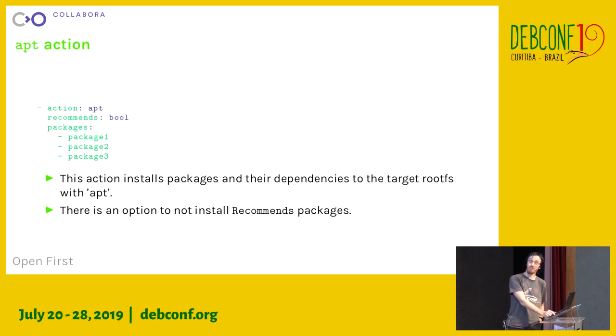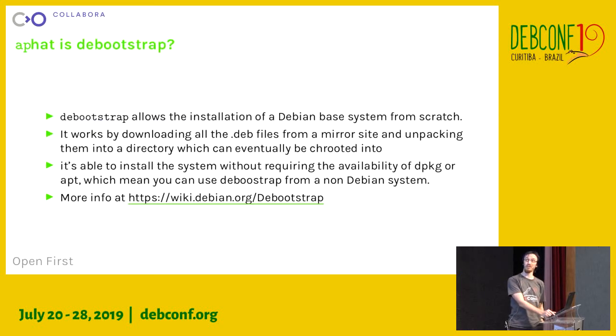Afterwards, when apt is already inside of the image, you can use the apt action to install a set of packages on top of what you have just created. So you can ask apt not to install recommended packages, only install what you actually request.